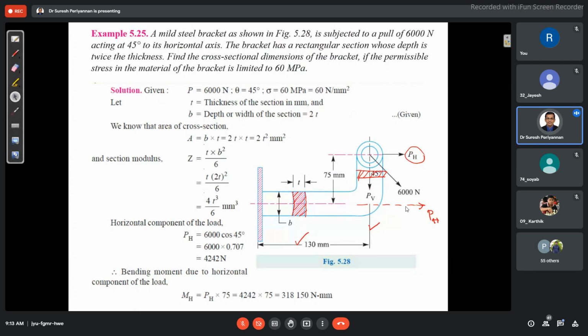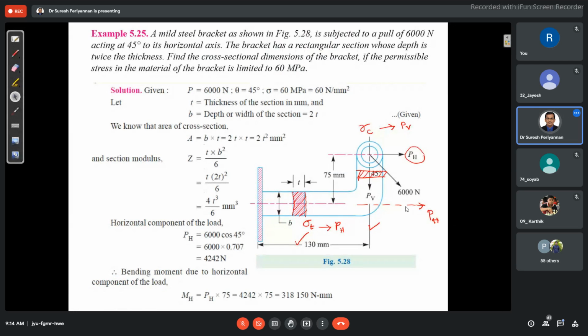In this case, sigma tensile will be found with respect to PH. But in this case, sigma C will be found with the help of PV.